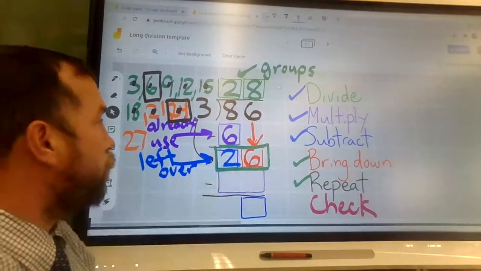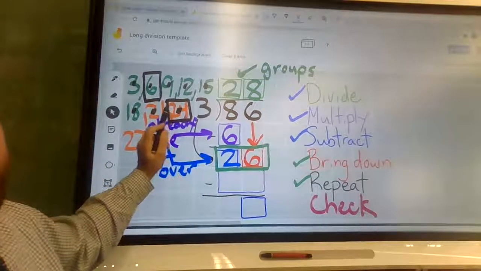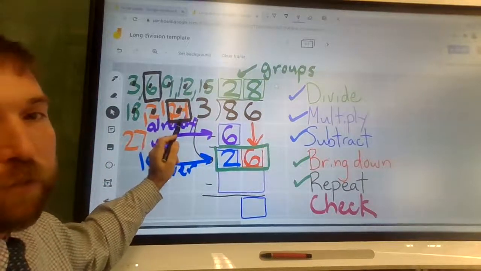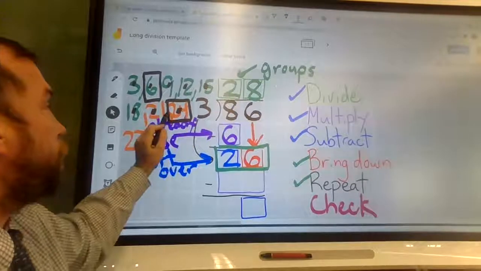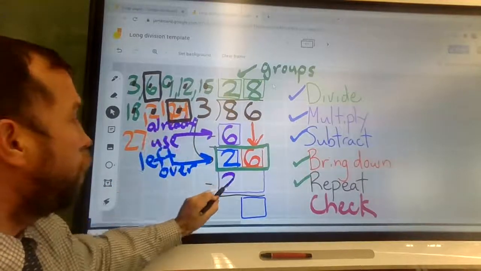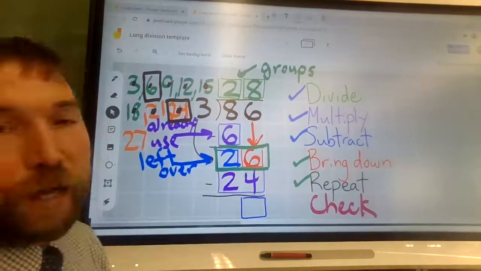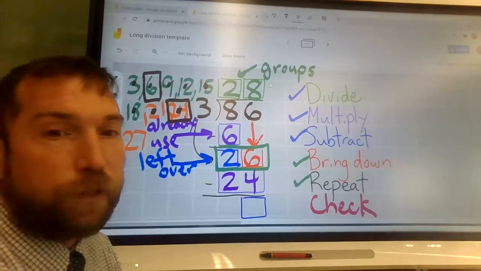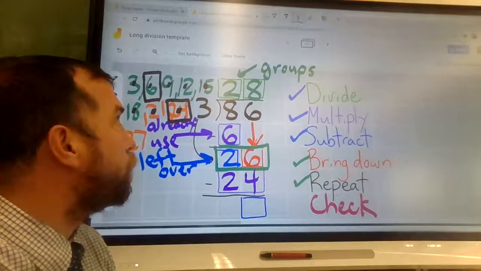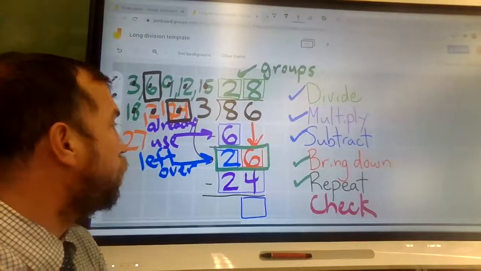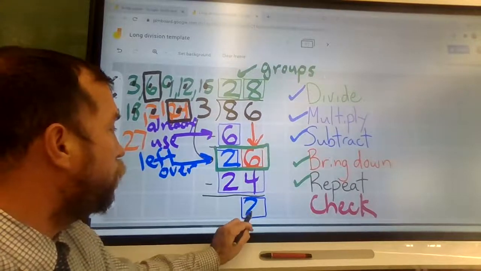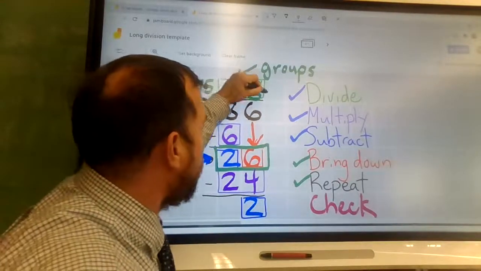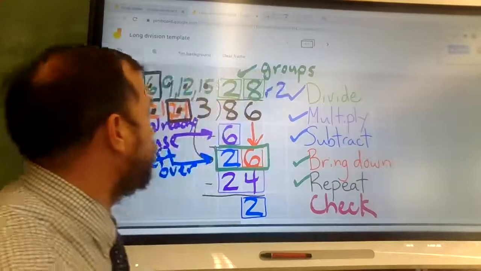With the 6 we brought down, and I did more math facts. This time I could make it to 24, which was 8 groups. 8 times 3, this is when I then used this number. I used 24 out of the 26. Now how many were still left over? And now that's 2. So now I have a remainder of 2.